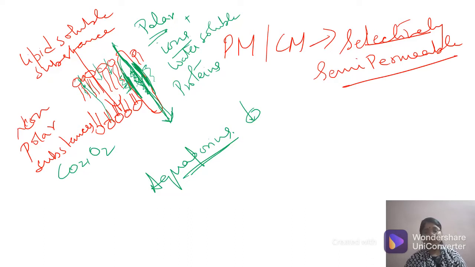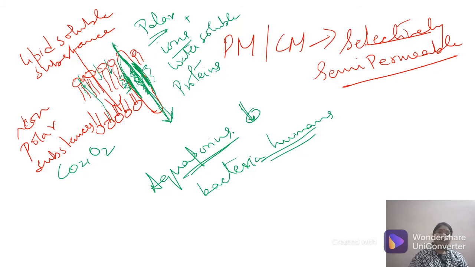These aquaporins are present from bacteria till humans, and they help in preserving water. I told you it is a gated channel. This is the basic thing you need to remember.